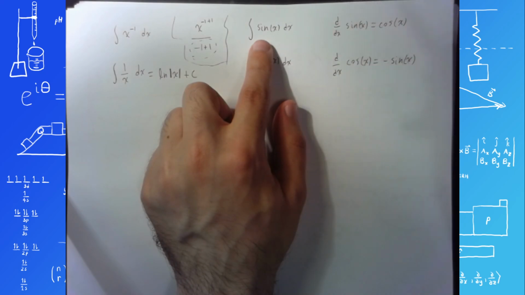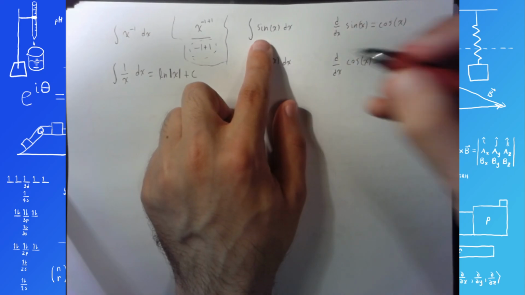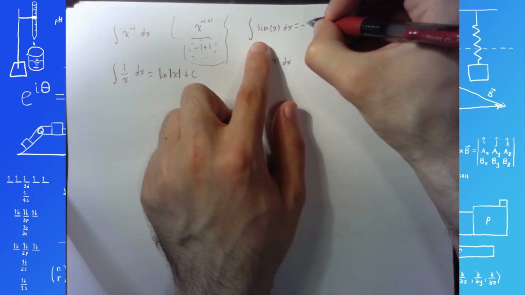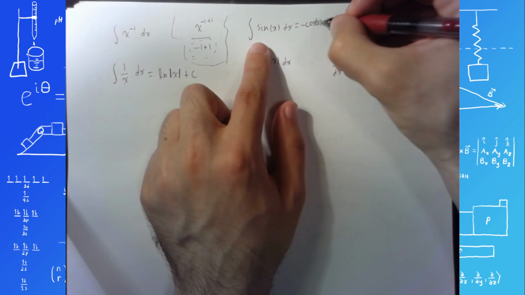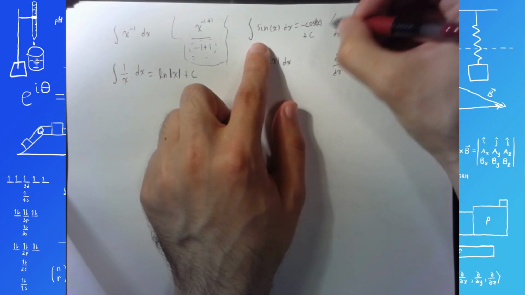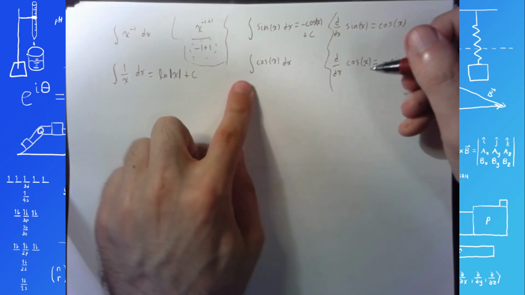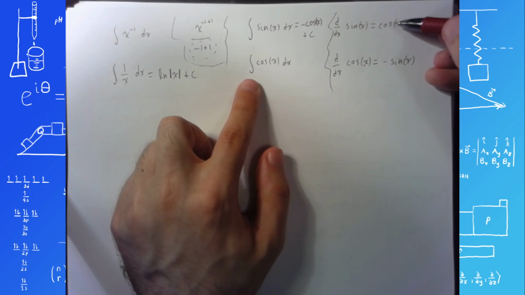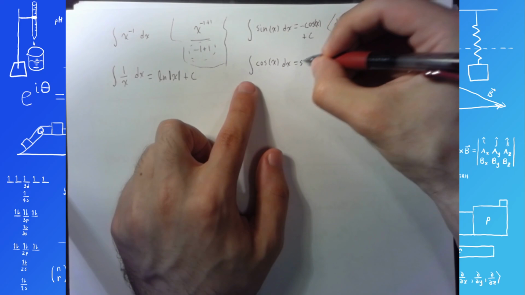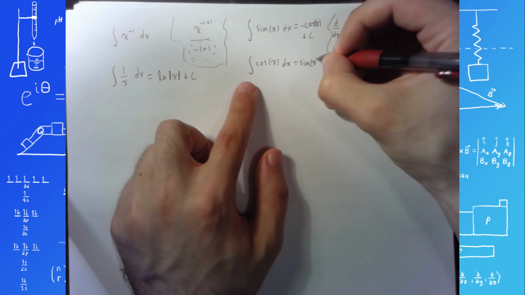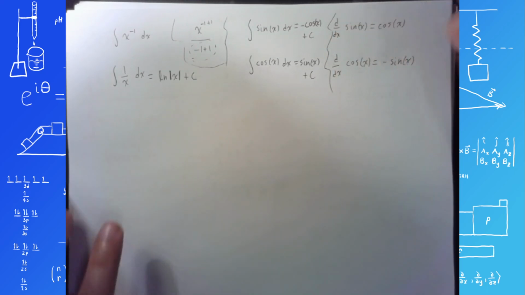So positive sine of x would have to come from negative cosine of x, plus a constant. And then over here, integral of cosine of x. Cosine of x comes from differentiating sine of x. So this equals sine of x plus a constant.